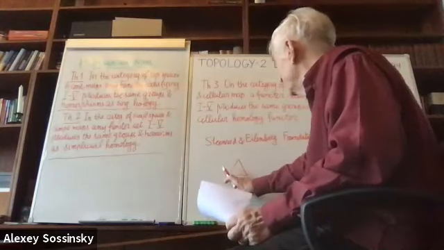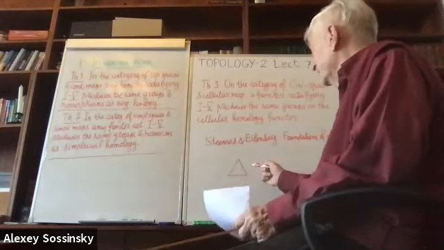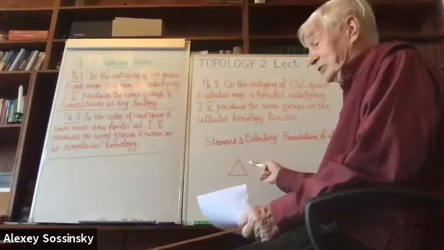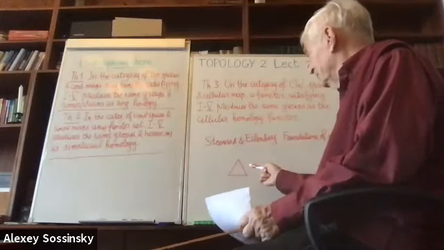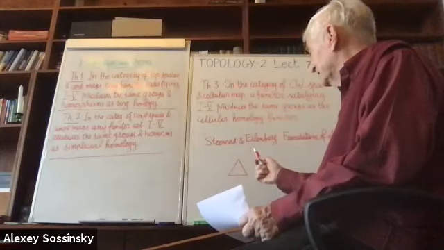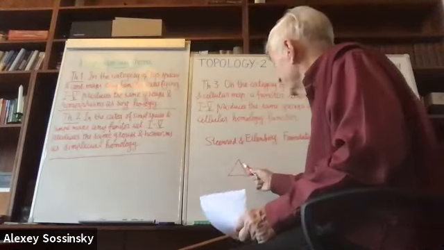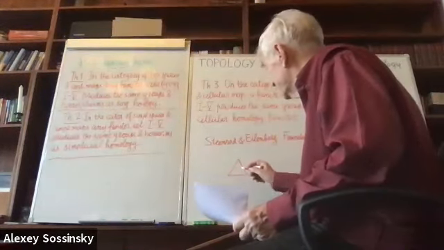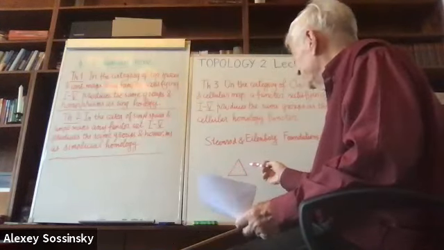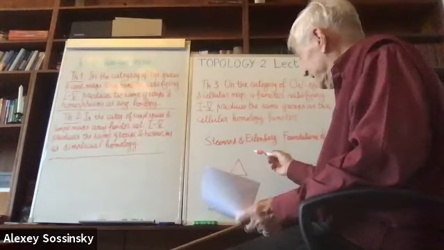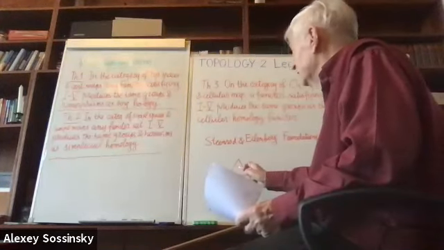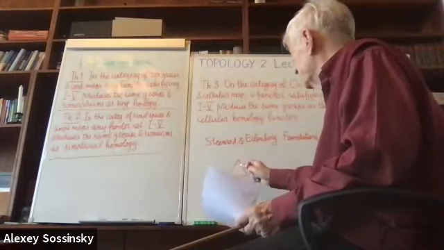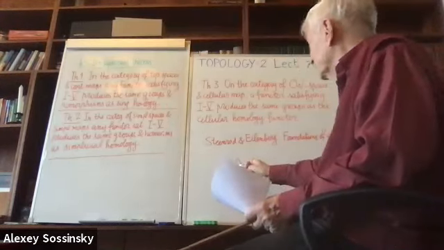You take a simplex of the main dimension, then its homology groups are 0 in all dimensions except 0, where they are equal to Z. This follows from the dimension axiom and from the homotopy equivalence. The simplex, of course, is homotopy equivalent to a point.